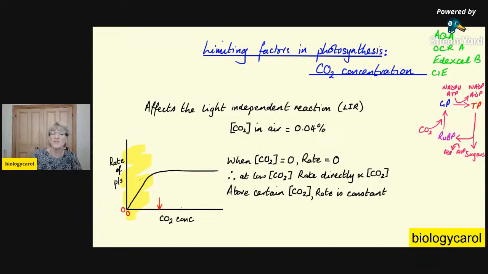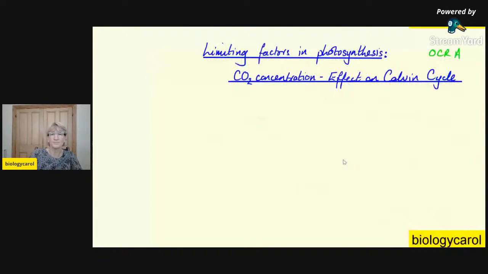It makes no difference how much you increase the concentration of carbon dioxide. And of course, that means, as with light intensity, there is another factor which is limiting. But again, because this is the sole experiment that we've carried out, we can't tell from this graph what is the limiting factor.